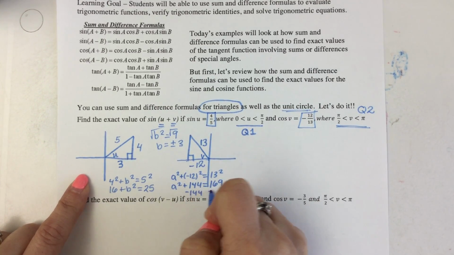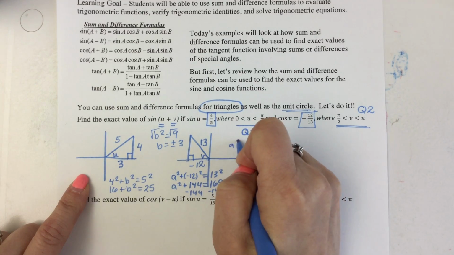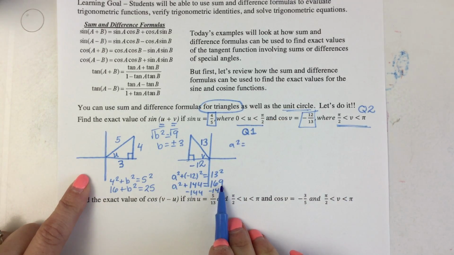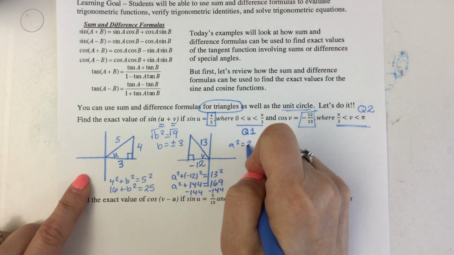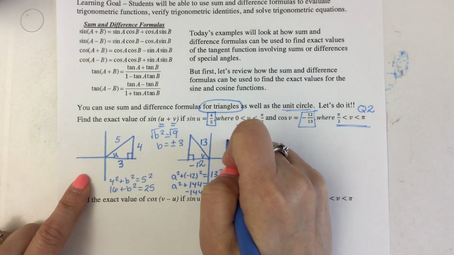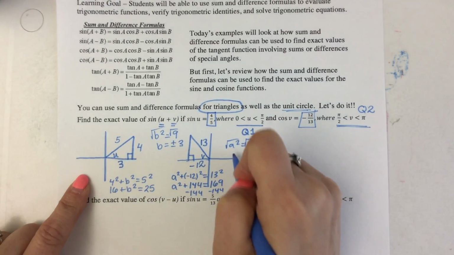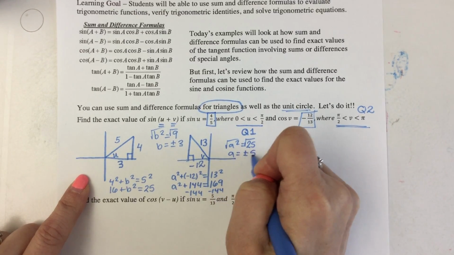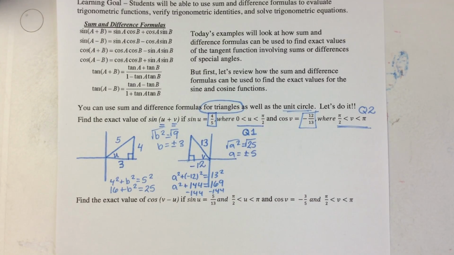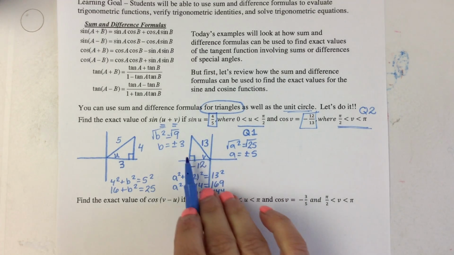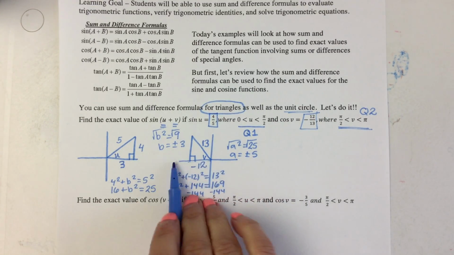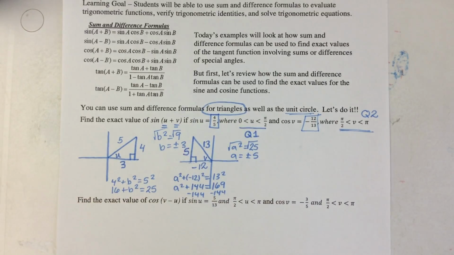If I minus 144, a squared equals 169 minus 144, which is 25. I take the square root of each side, so a could be a positive or negative 5. So we look at the location. The opposite is above the x-axis, so this is a 5.